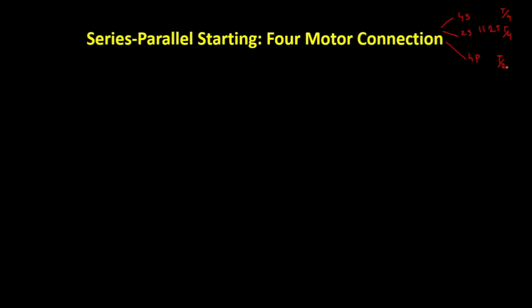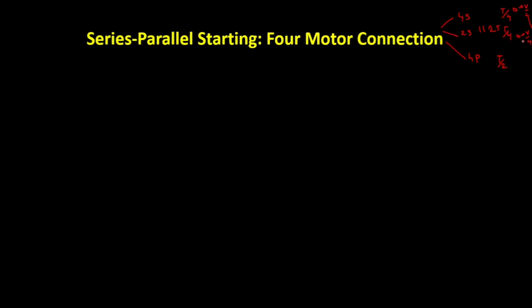Now what about voltage? The voltage will also subsequently increase from the 0th value to V by 4. And here also from the 0th value to V by 4, similarly as it was increasing in the previous case.